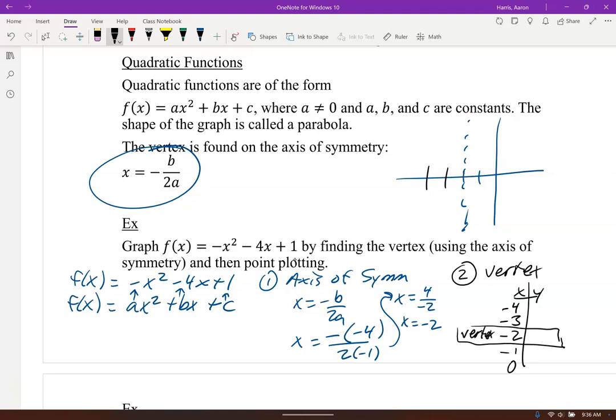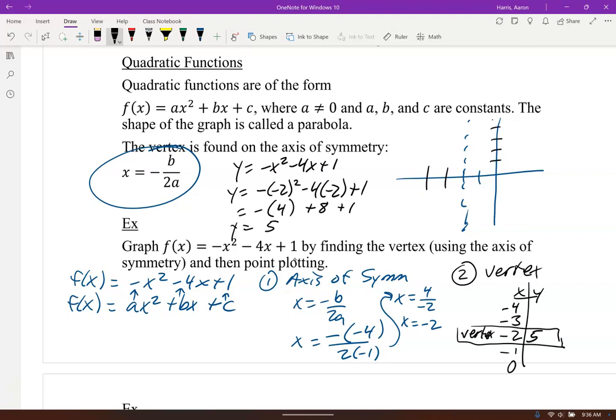So let's find out what y is if x is -2. Here's my equation: y equals -x squared minus 4x plus 1. If x is -2, -2 squared is 4. -4 plus 8 is 4, plus 1 is 5. So -2 comma 5. There's my vertex.